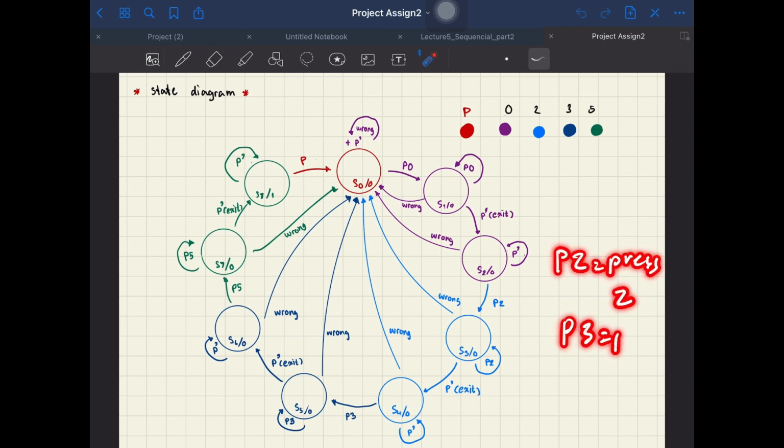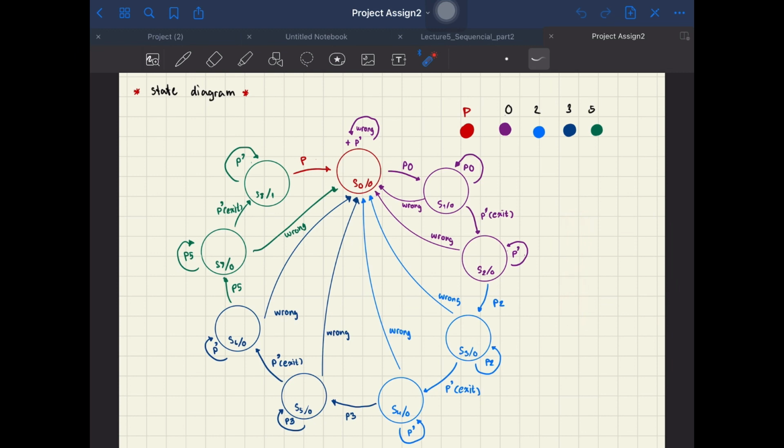P3, press on 3. And P5, press on 5. And wrong here means that I press the wrong button or wrong number of my password. It means that I press on 1, 4, 7, 6, 8, 9, and so on.